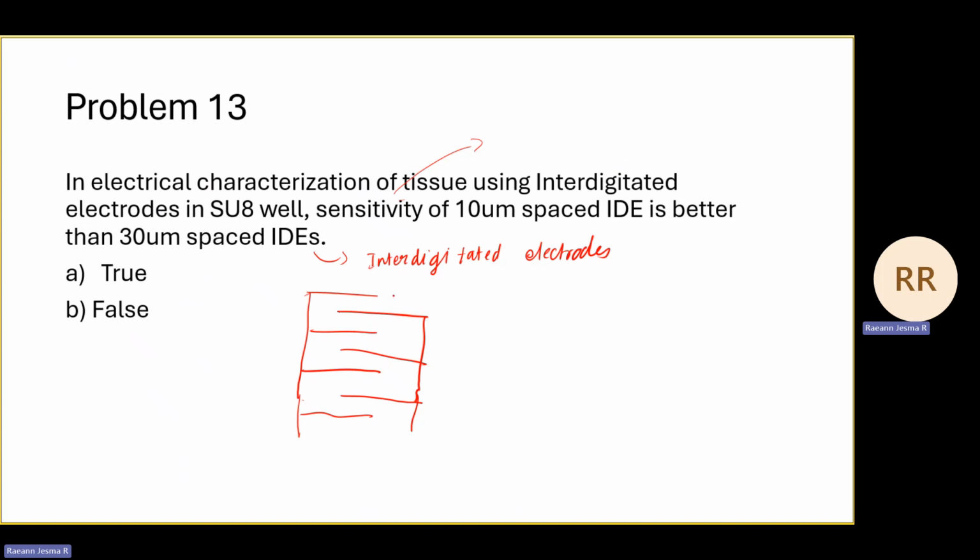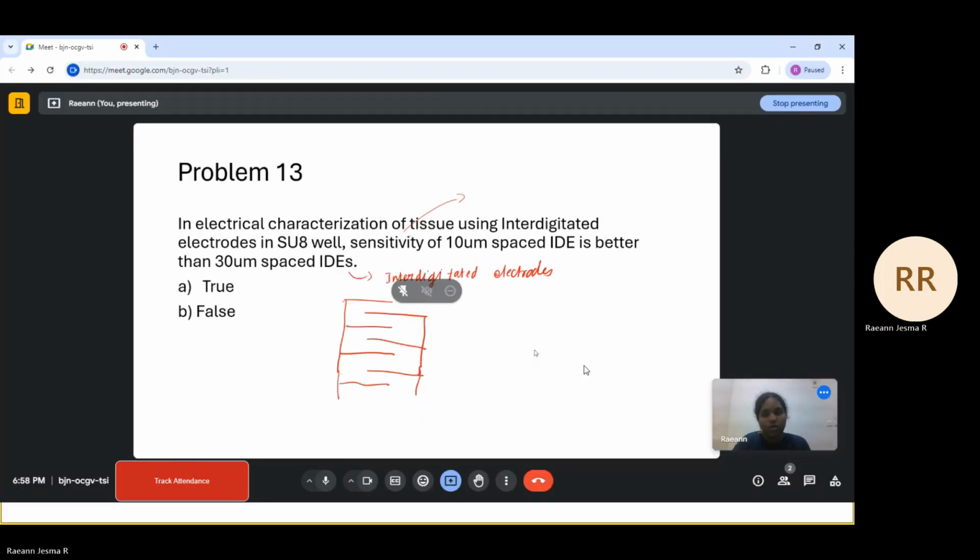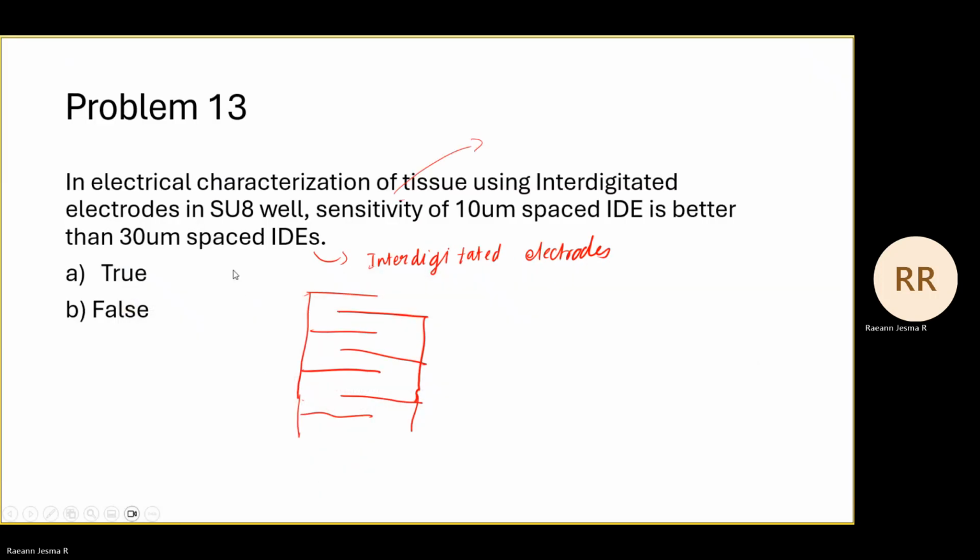These have various geometric parameters. Interdigitated electrode is a structure where there are various parameters which can be modified in order to improve its performance. One is the length of the finger, which is this. The width of the finger, this.